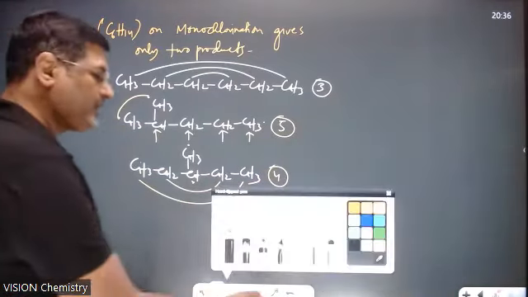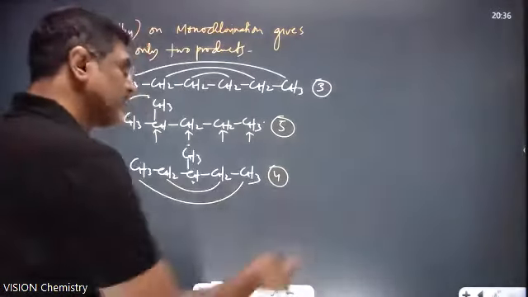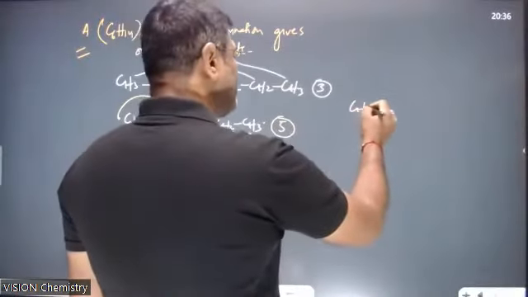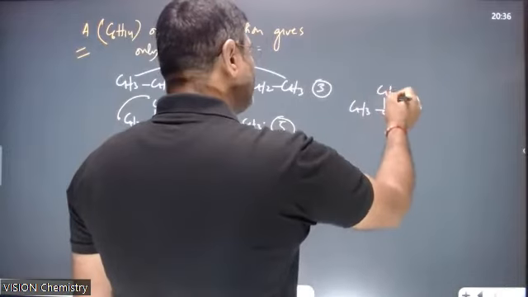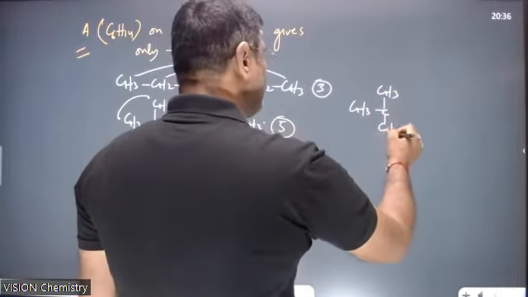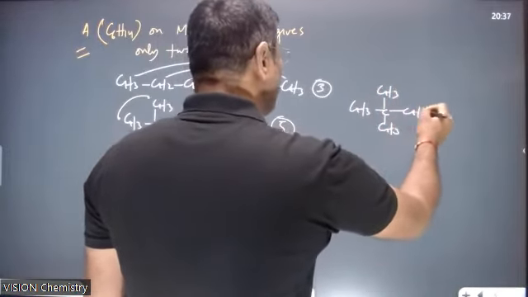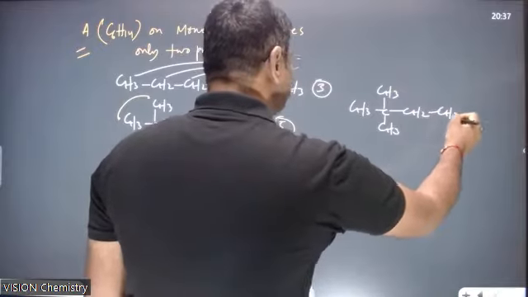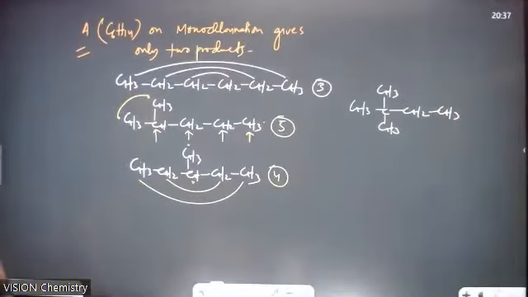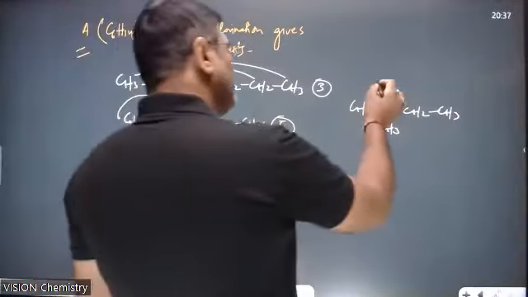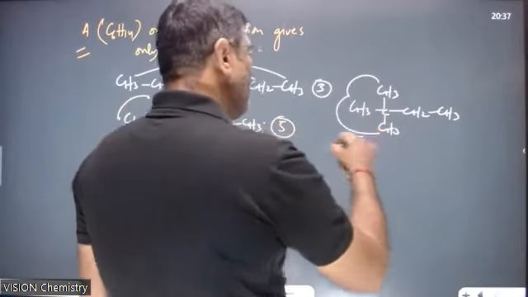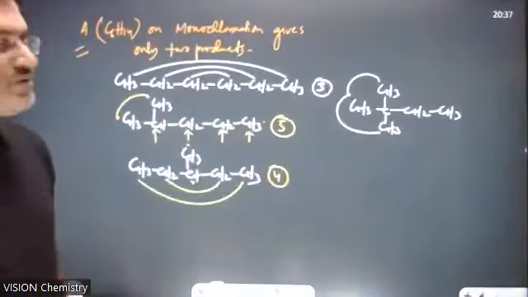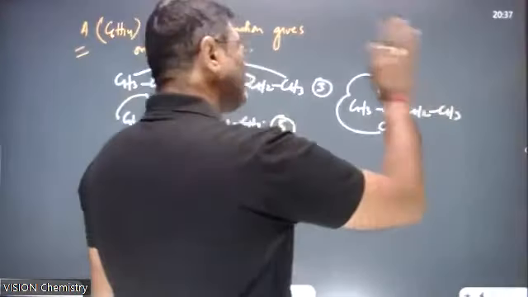Okay. We take the other structure also. We take the other structure CH3C, CH3, and there the CH3, CH2CH3. How many for this one? Here, this one and this one, all are equivalent. Can we say that these hydrogens and those hydrogens are equivalent?